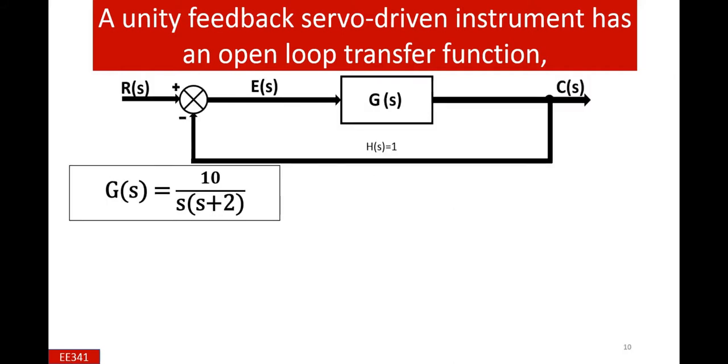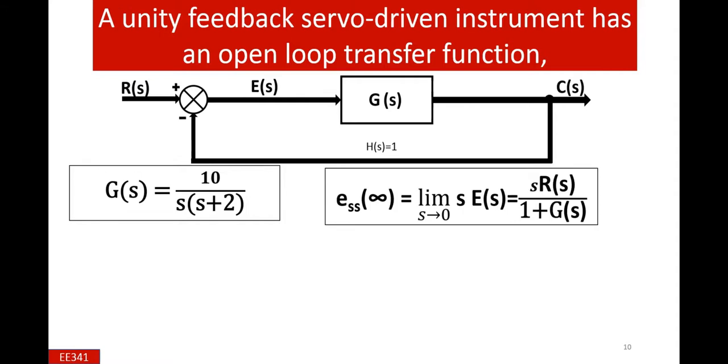So in this case the open loop transfer function is this one, and the steady state error, by definition in terms of the error signal, is given by this relation, and this is related to the final value theorem.